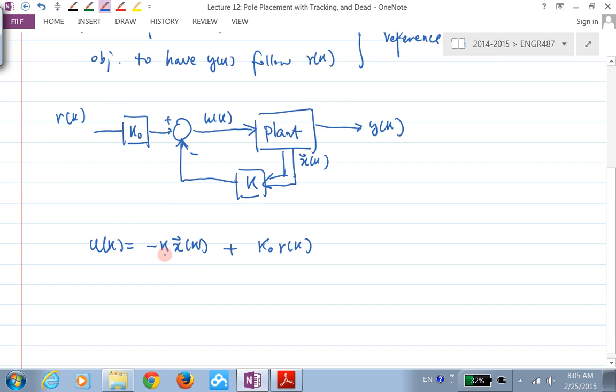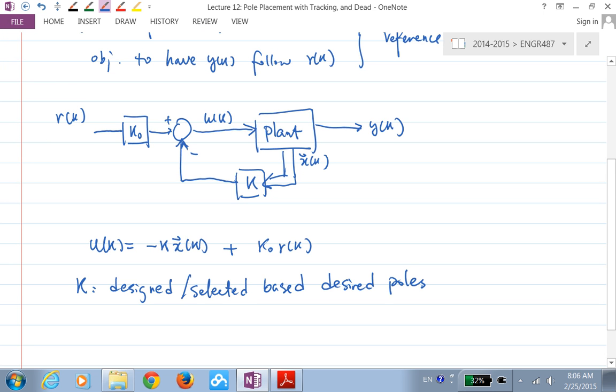This K is the same kind of K as we had in the pole placement. So this K is going to be designed or selected based on the desired pole locations.